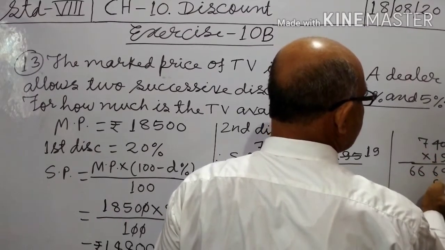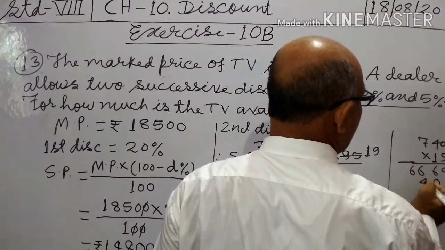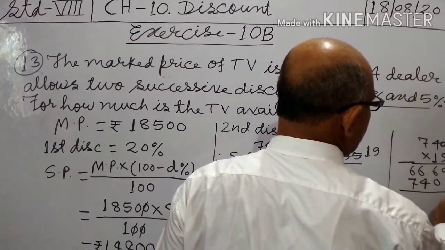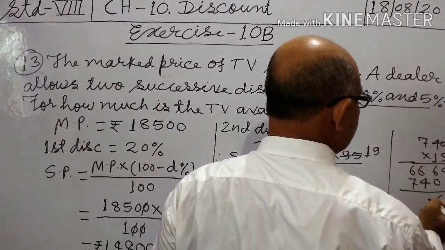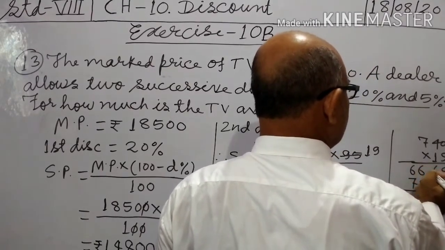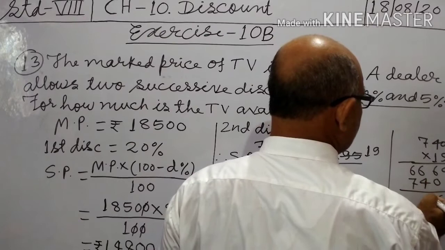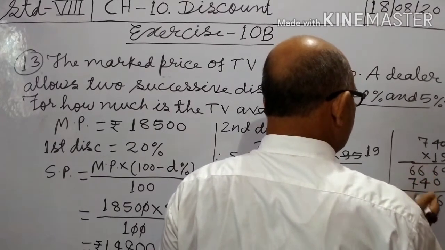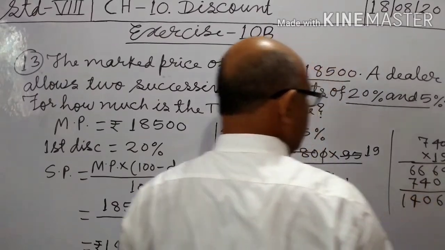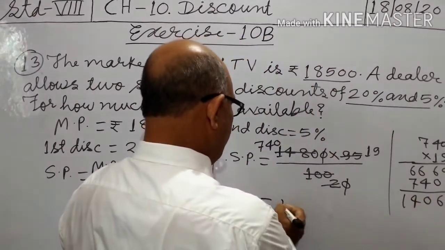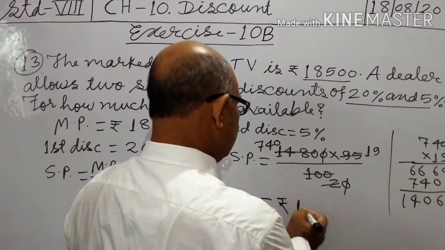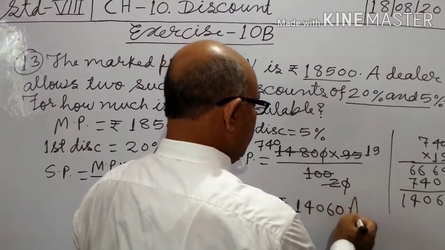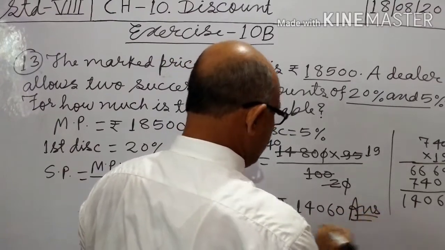Now one time 0, 4, 7, 0, 6. Now 6 plus 4, 0 and 14. 14,060 rupees. 14,060 is the answer of this question.